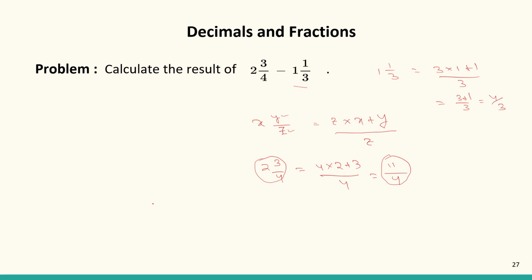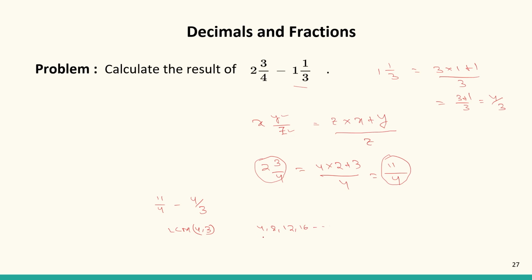So what we need here is 11 by 4 minus 4 by 3. We need to find the LCM of 4 and 3. We can find it by getting the multiples first: 4, 8, 12, 16, etc.